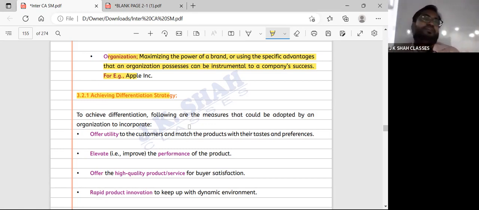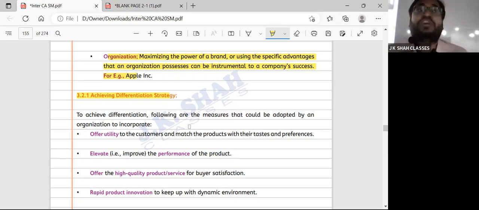Sixth point, very important point. Fix the price of the product on the basis of two factors. First, the utility that you are trying to give, the features that you are trying to give, and second, the buying capacity of the customer. How much more should I charge?